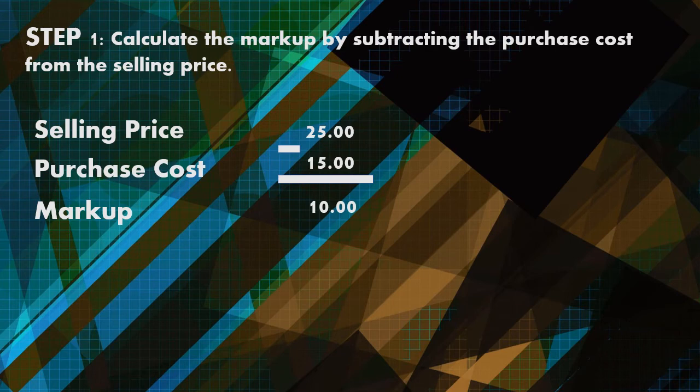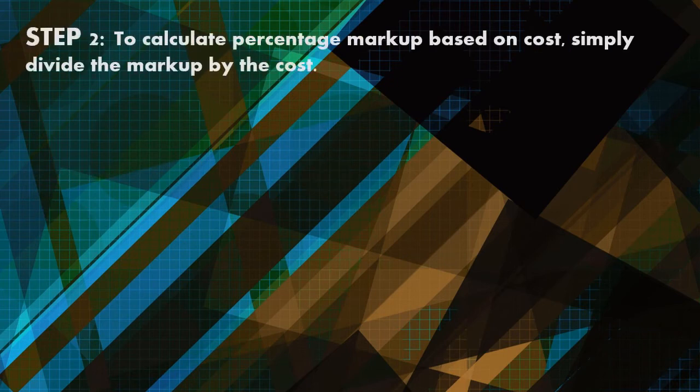Alright, now just a reminder, calculating percentage markup can be based on cost or selling price. It is essential to know the proper method of the calculations to avoid errors in your data. Step 2. To calculate percentage markup based on cost, simply divide the markup by the cost and multiply it by 100.